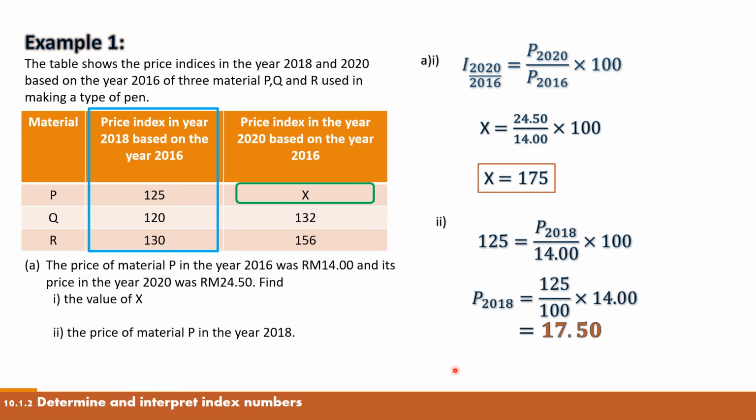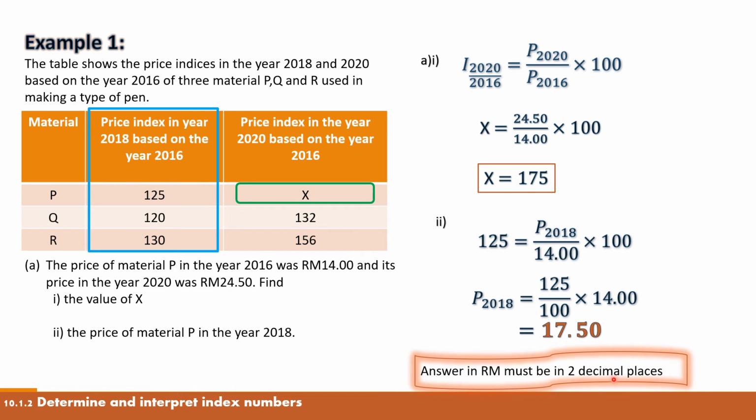Therefore the price for 2018 is 125 divided by 100 multiplied by 14, and I will get the answer 17 ringgit 50 cents. A reminder for everyone here, the answer for ringgit Malaysia must be in 2 decimal places.